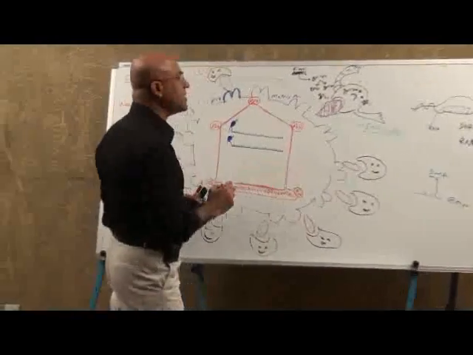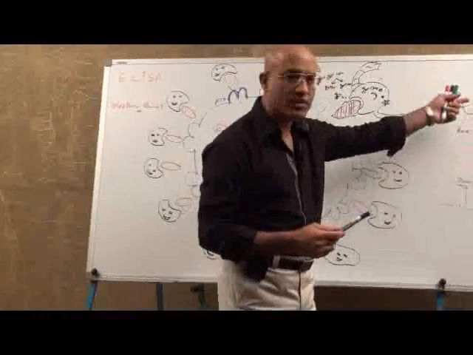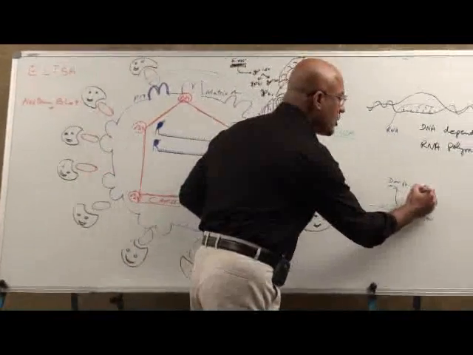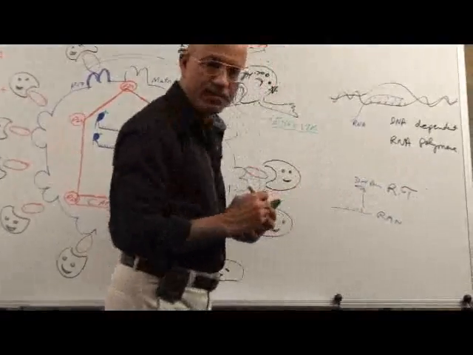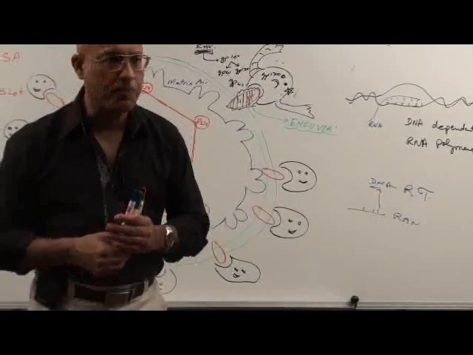This RNA dependent DNA polymerase is an unusual enzyme because it is doing reverse transcription, and this enzyme is also called reverse transcriptase. What is it called? Reverse transcriptase.